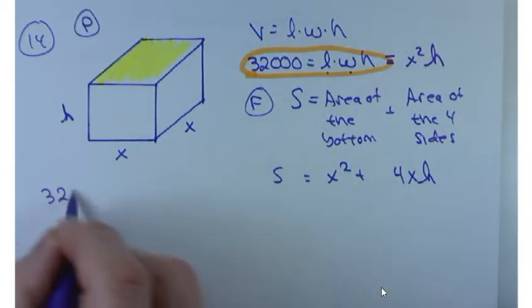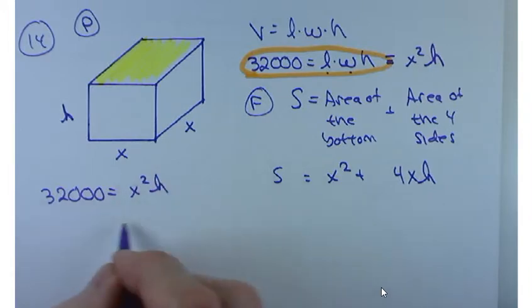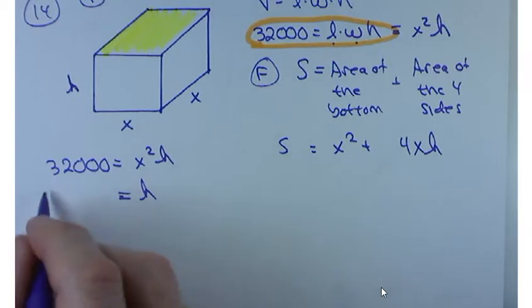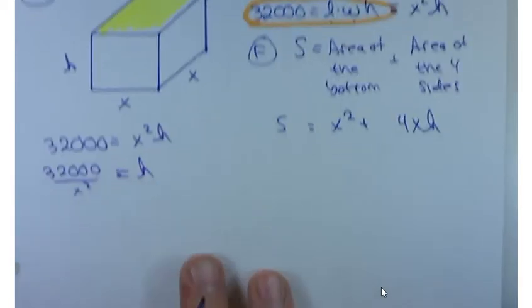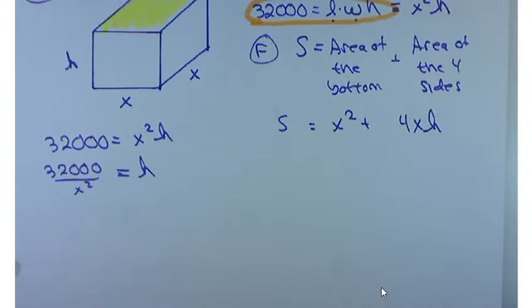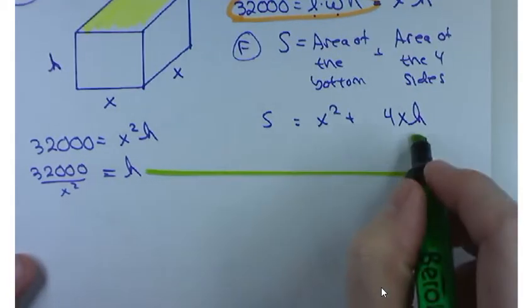I've got 32,000 equals X squared H. So what does H equal? 32,000 divided by X squared. And that's perfect. That's exactly what I needed, because that's going to go in over here.